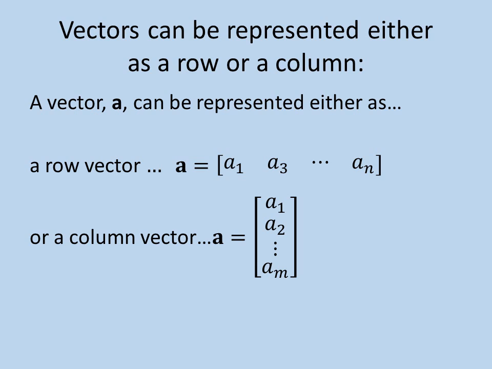So you can represent the same vector as either a row vector or a column vector. And if we're only thinking about a one-dimensional feature, then it doesn't matter whether it's a row or column vector. But once we introduce matrices, then we have to specify whether we're describing a row vector or a column vector.